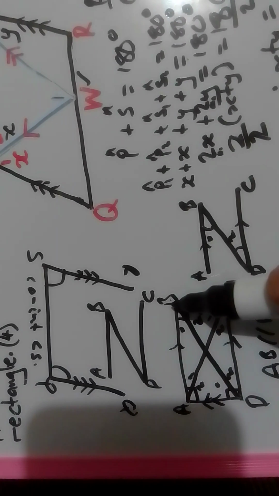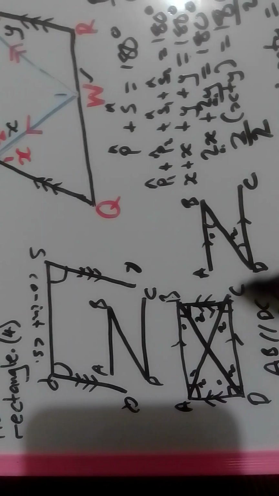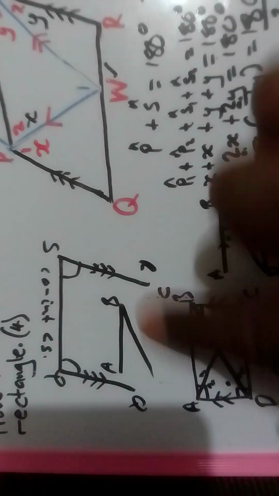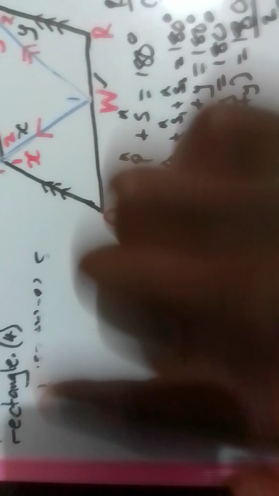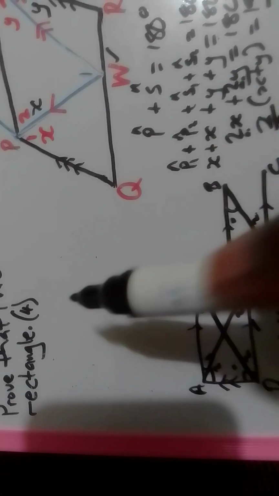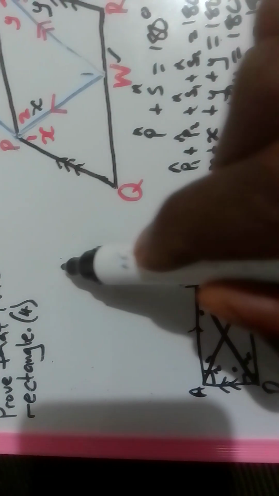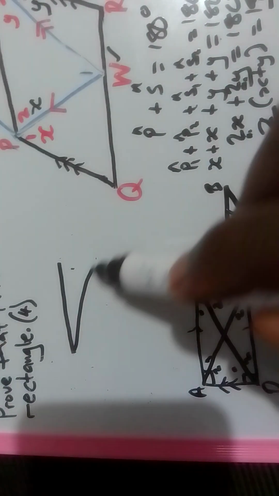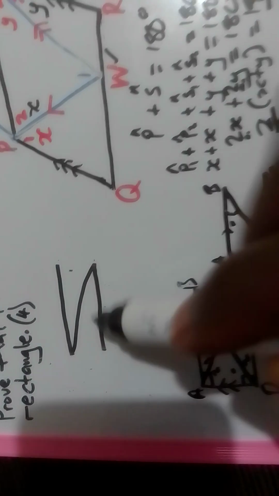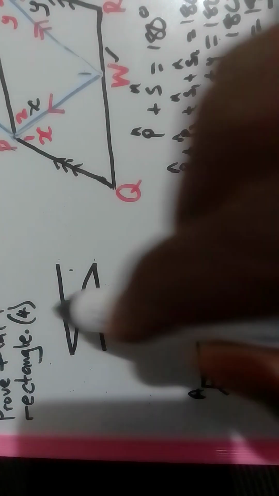I was supposed to start from B and then I go to A, C, and D. Let me quickly erase. So I'm supposed to start from point B. So it's B, A, C, D. And let's not forget that these sides are parallel.